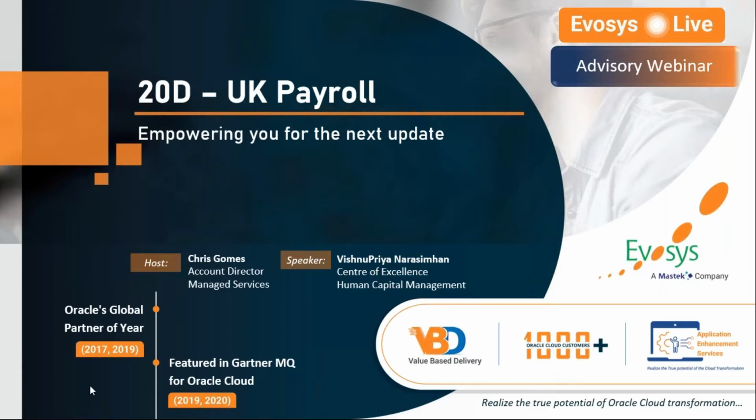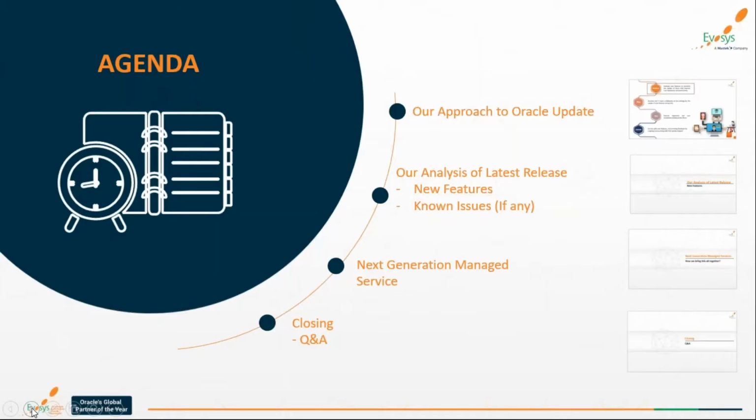By means of an agenda, over the next 50 minutes, we'd like to cover three main areas. Firstly, I'll talk a little bit about our approach to Oracle updates before handing over to Priya, who will analyze the latest release, providing an insight into those new features that are available, as well as highlighting things to consider when you're actually deploying these features.